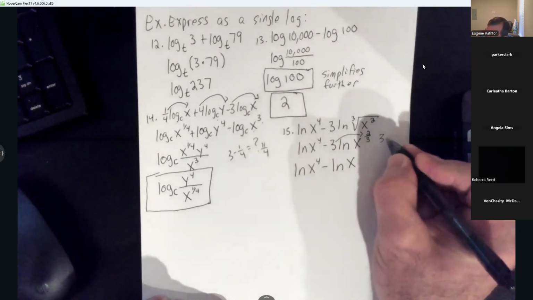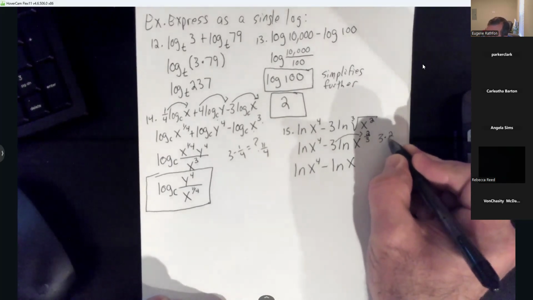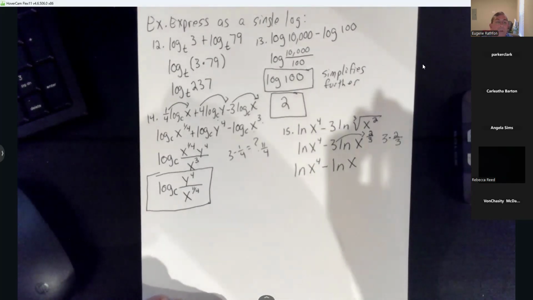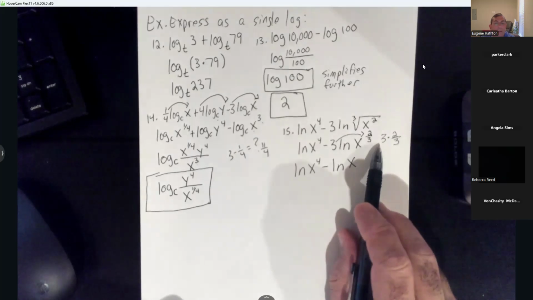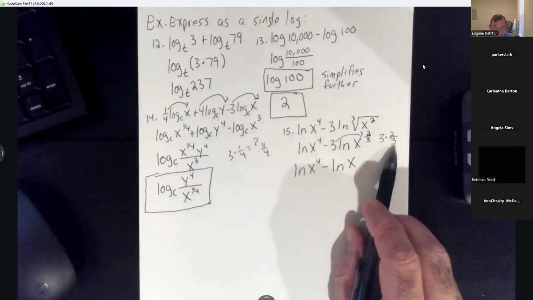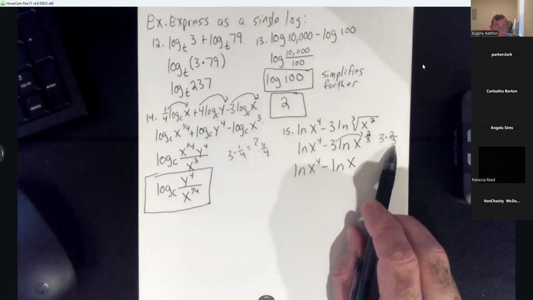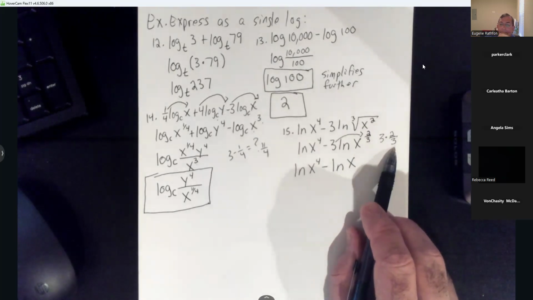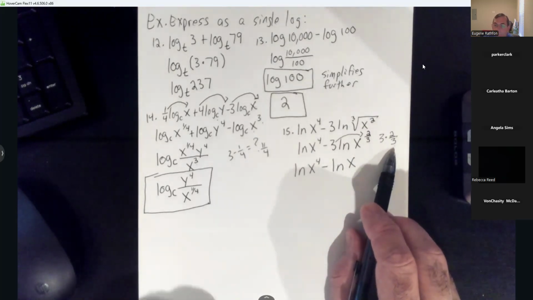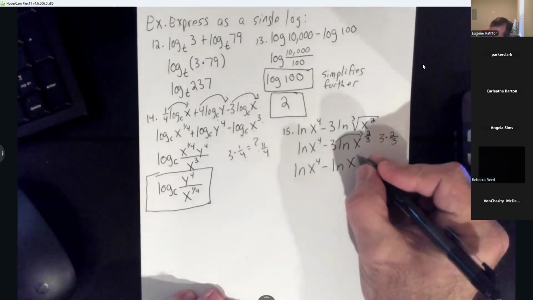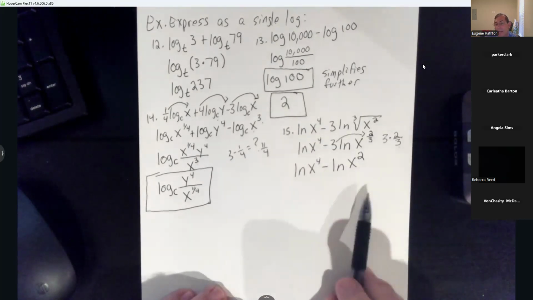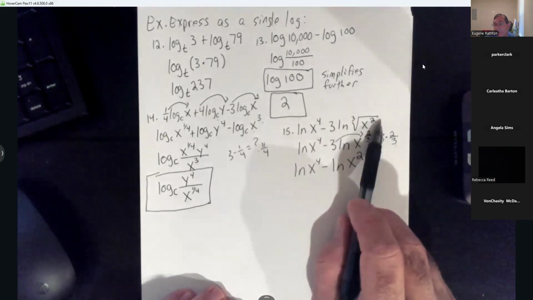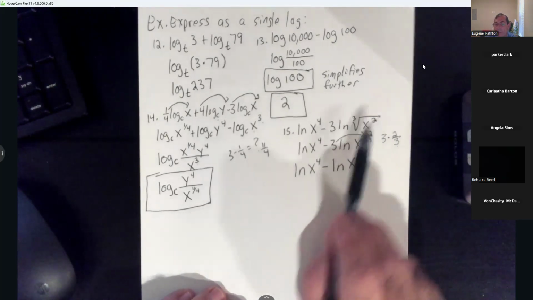So what we need to figure out is what is 3 times 2/3 going to give us. So y'all multiply this out and see what we get. So that'll give us a 2. So this will become an x squared. Now y'all realize all we've done was convert the radical out and move the 3 up.